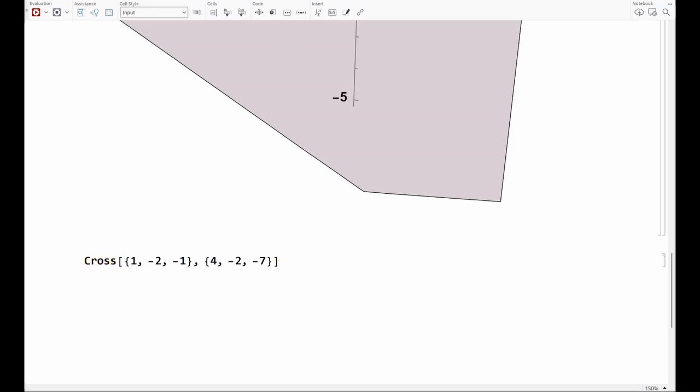I don't think that's going to be right. No, it is. Perfect. Look at that. That's how you could set up the cross product using Mathematica. And obviously dot product is just Dot, two vectors. I think you could also do this.